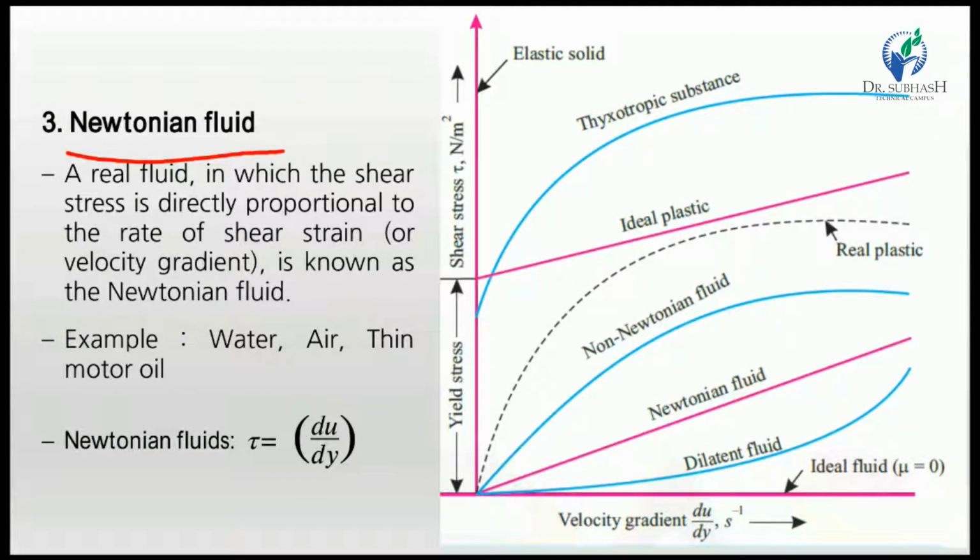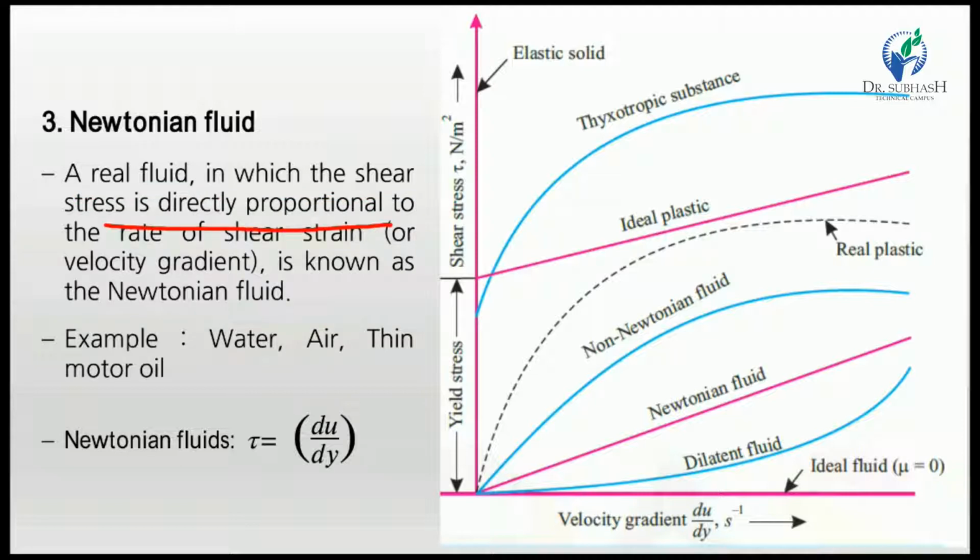Next is the Newtonian fluid. A real fluid in which the shear stress is directly proportional to the rate of shear strain or velocity gradient is known as a Newtonian fluid. In short, if the shear stress is directly proportional to the shear strain, then the fluid is a Newtonian fluid.